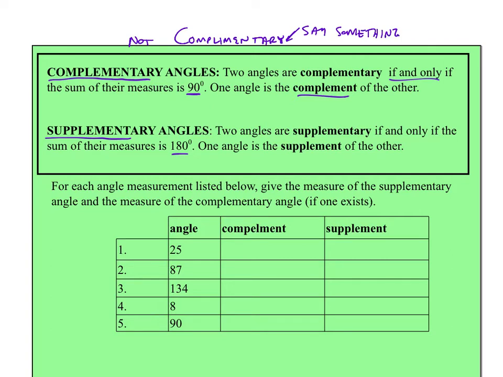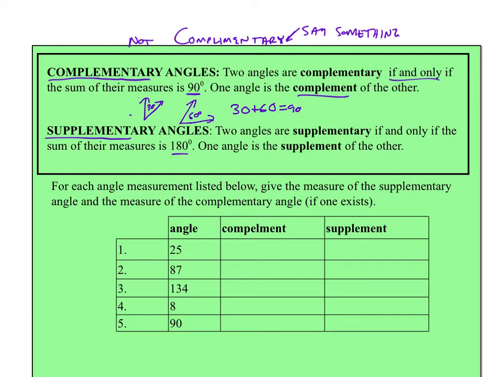We're saying, hey, these two angles add up to 90 degrees. So if I say this is 30 degrees, and I say this is 60 degrees, well, 30 plus 60 equals 90.